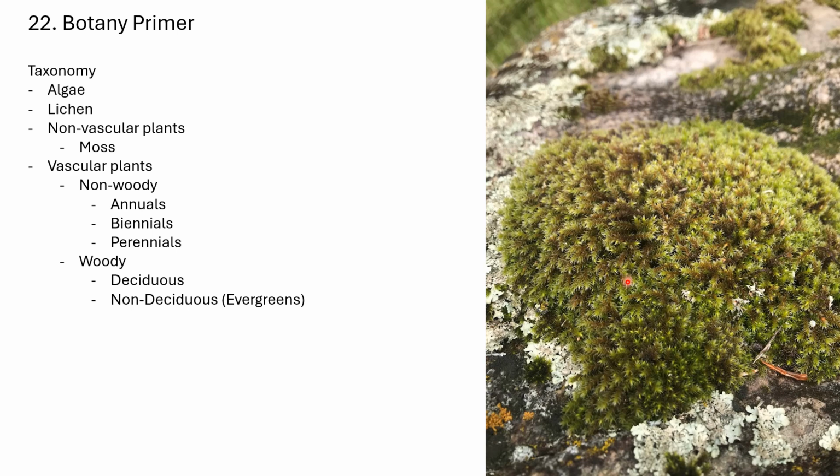This is not sphagnum moss. This is another species of moss. I see it's growing on maybe that same rock, because I can see some lichen here. But here we've got moss, and it's a non-vascular plant. That means it doesn't have vascular tissues. And again, a course in botany would expand upon what vascular and non-vascular plants are.